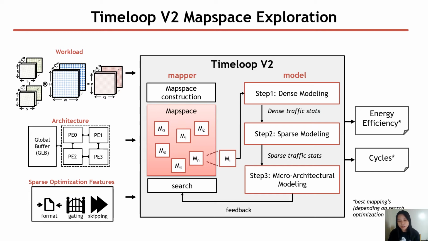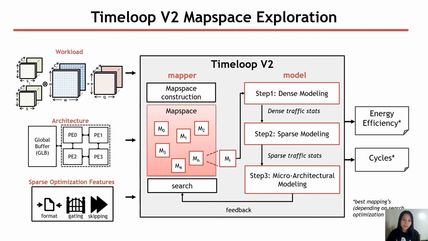On the left is the Mapspace that Timeloop is able to construct. It will construct a Mapspace with all possible mappings of this workload to the architecture. It will pick a mapping, perform the 3-step evaluation, and give feedback to a searcher to see whether this is a good potential mapping. If not, the searcher will pick another one, and it will iterate through, or with a heuristic, iterate through the map space, find the best mapping, and produce the energy efficiency and cycles of the best mapping.